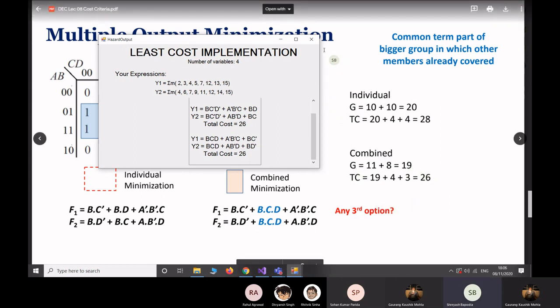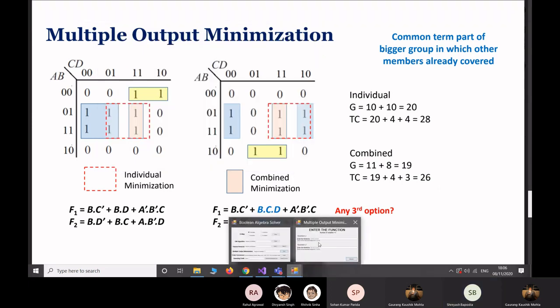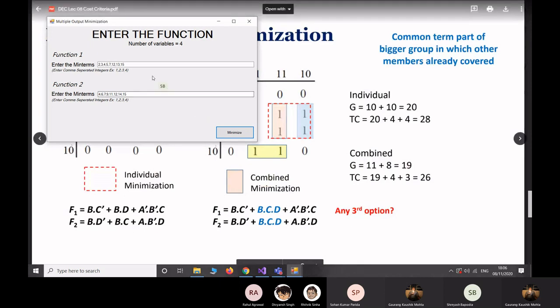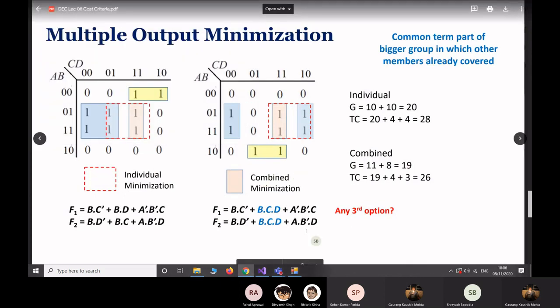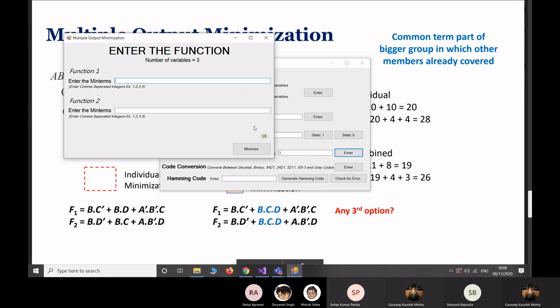Let's take another example. This example has also been taken from the slides.